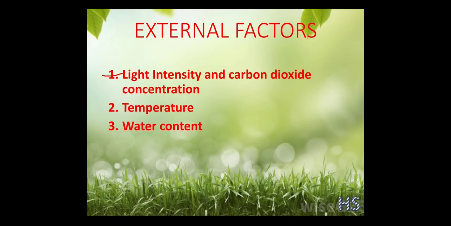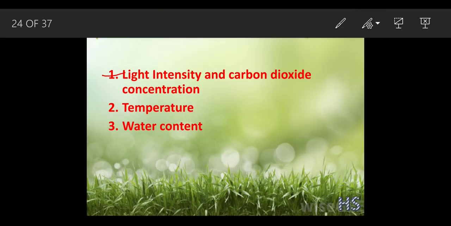Now the second part, that is temperature. What does temperature indicate? See, we humans need around 37.6 degrees Celsius inside our body. This is the temperature which a human maintains.